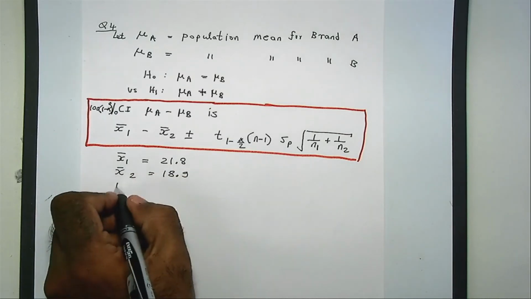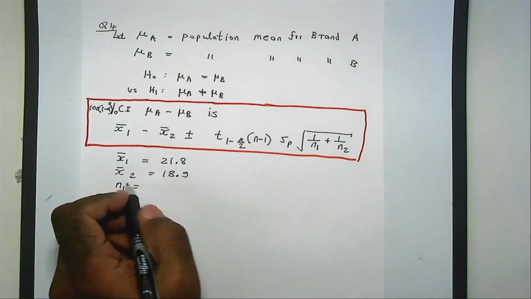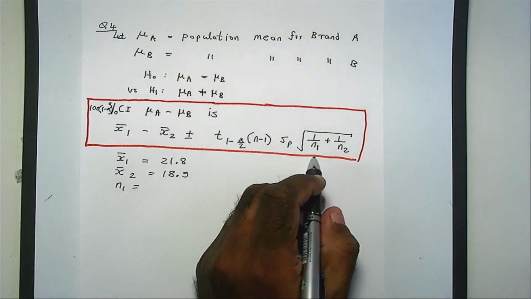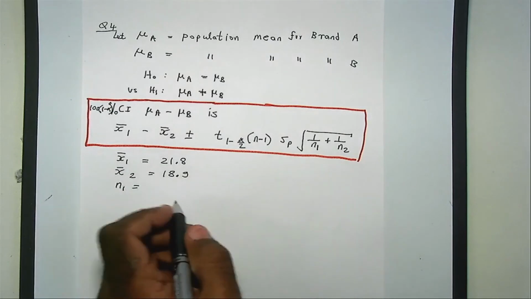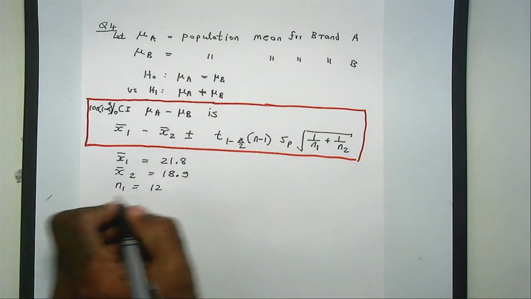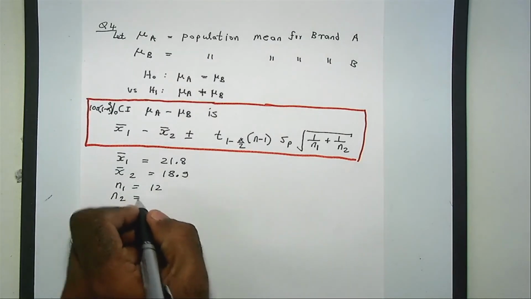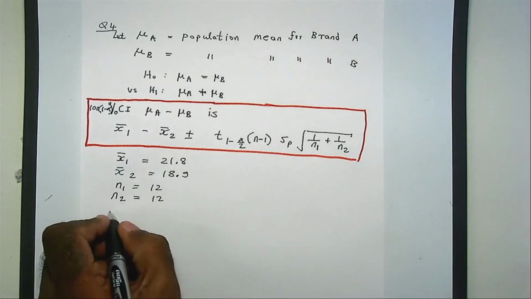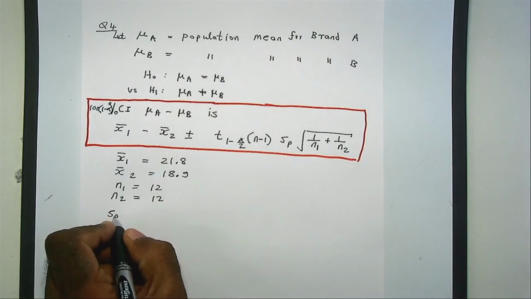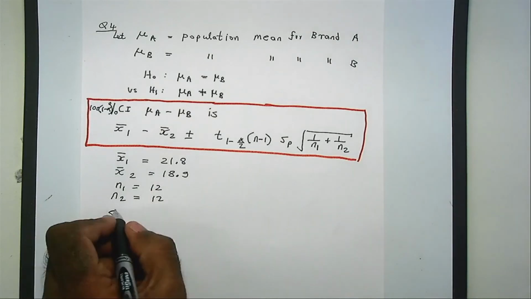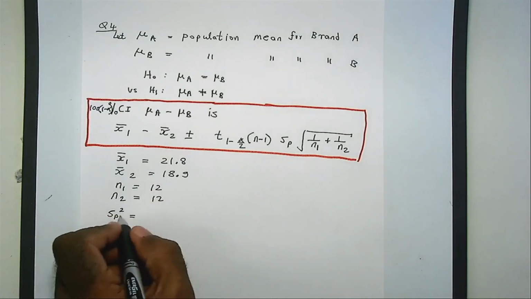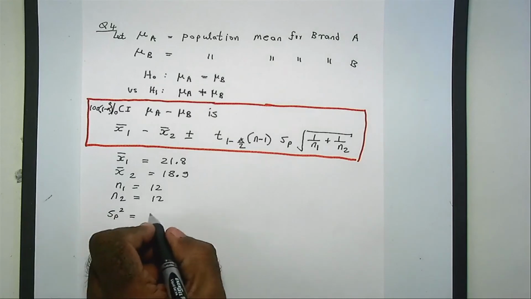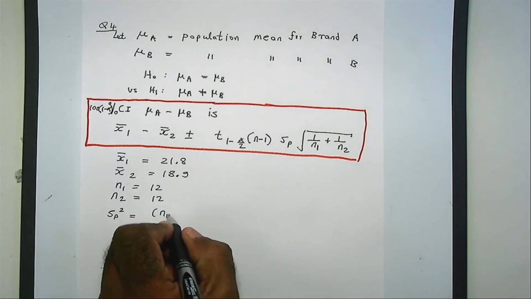N1 is the sample size from the first population, which is given to us as 12. N2 is also 12. Now we need to compute this guy here, SP. Remember, SP squared, let me compute SP squared. SP squared is given by the following formula, as you may recall.